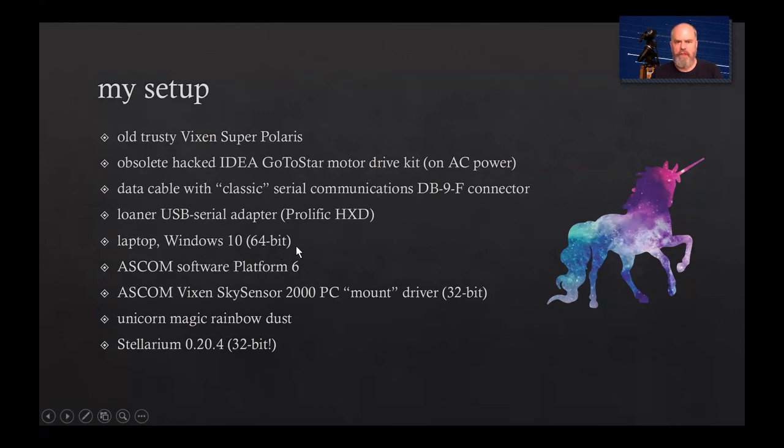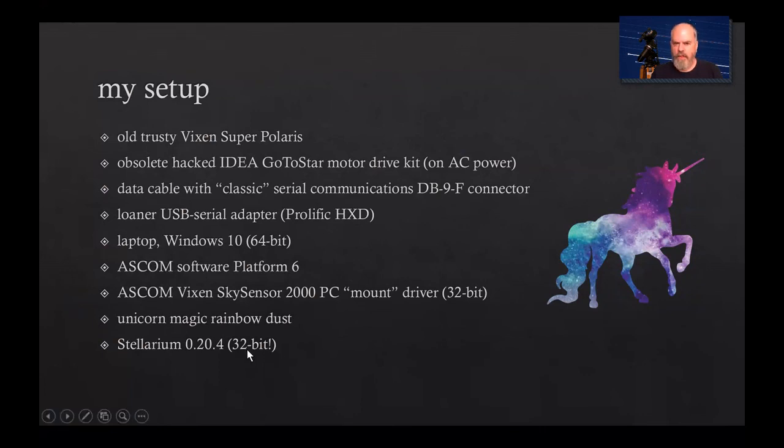The Windows is 64-bit. Initially, I installed the Stellarium 64-bit. Then I downloaded the ASCOM platform, installed it. I downloaded the ASCOM Vixen SkySensor driver, which I knew worked with the mount. I ran the diagnostics. That all checked out fine. And then I tried Stellarium. It didn't work. And it took me a while to figure out that I needed the 32-bit version of Stellarium.